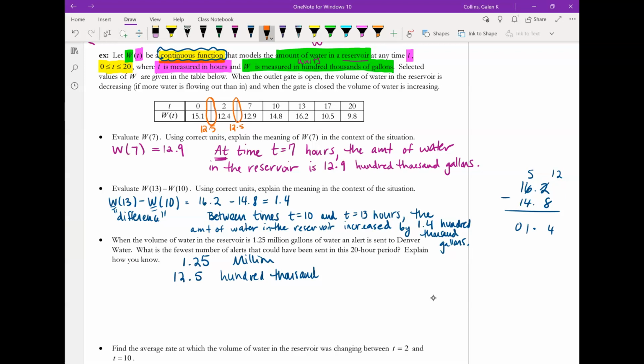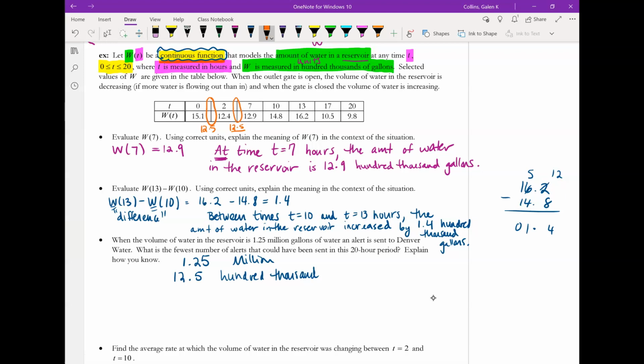So we could assume that there's at least one instance in between where it goes to Denver Water. Now, we don't know what's happening between 2 and 7. It could be that we're going up and down a bunch. I don't know that the amount of water is always increasing, but I know that to get from 12.4 to 12.9, if the function's continuous, we're going to have to pass 12.5 again.